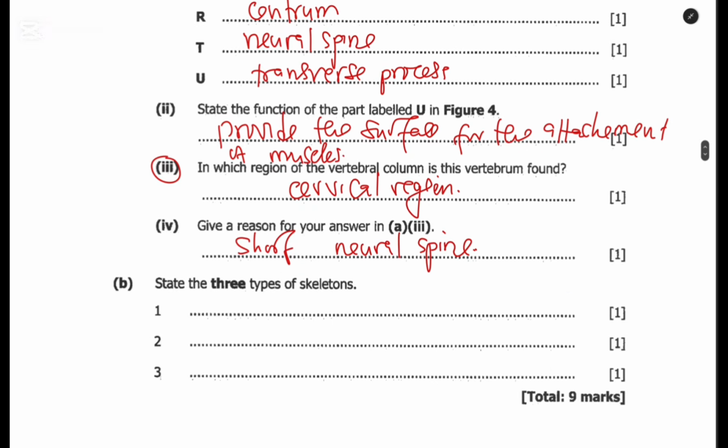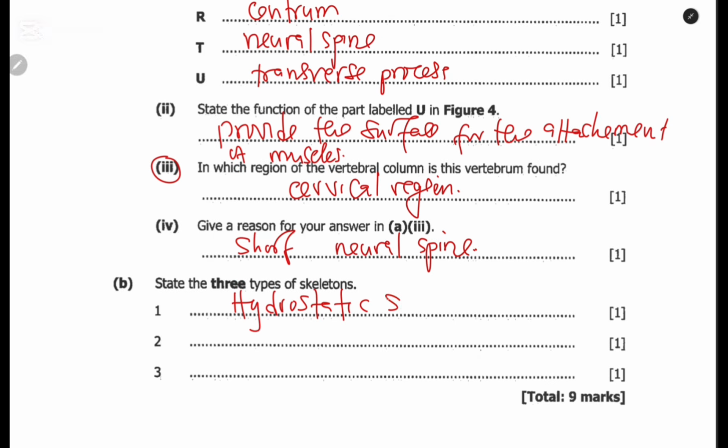State 3 types of skeletal system or skeletons. So we have what we call hydrostatic, and you need to give examples on each. As you go through yourself, you're not just supposed to go through the questions and get the answers, but make sure that you go further to look at some more information, know what is coming.